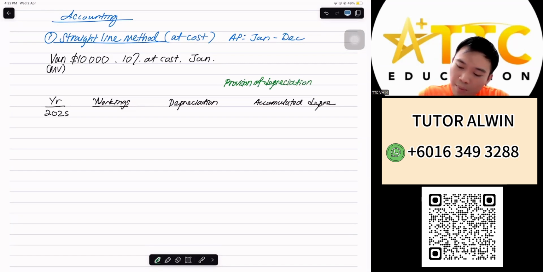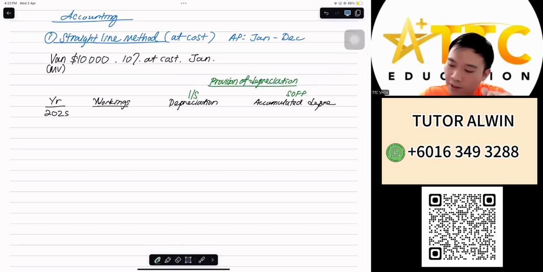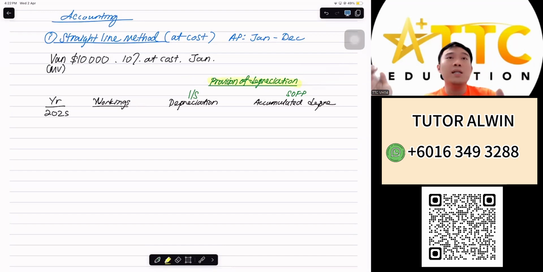In your income statement, by right, you should put depreciation, but they still only use provision for depreciation. In your SOFP, instead we use accumulated depreciation, but it's also referring to our provision for depreciation. It's a little bit weird for your syllabus at the moment, until you go to university level, where the terms will be different. This is what we're using all the time in IGCSE.